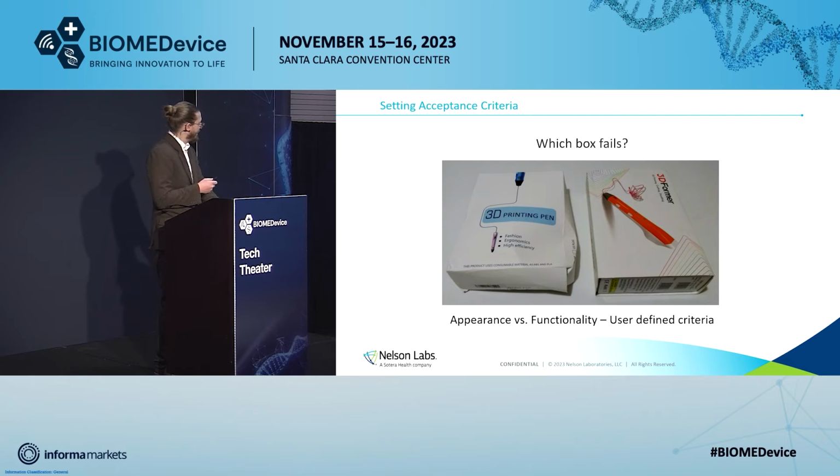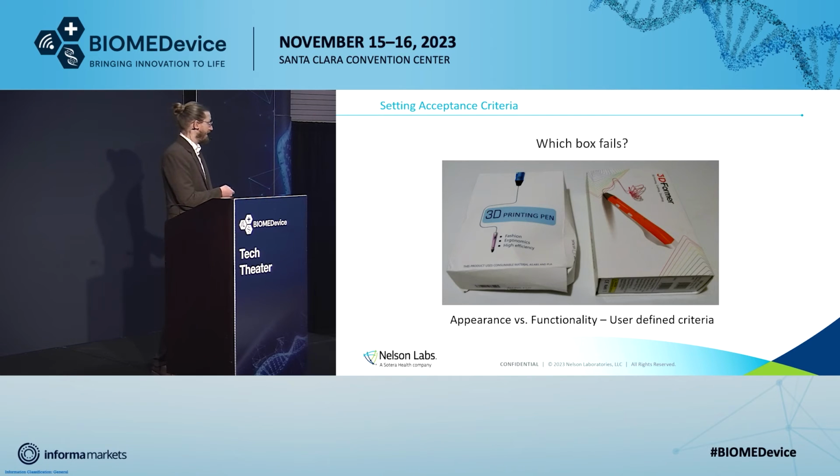So if we look at those two boxes there, right, which one fails a distribution test? It's hard to say, because really, what's in that? It's your sterile barrier system. And just by looking at the box alone, you don't know the performance of your sterile barrier system at all. So the acceptance criteria for distribution testing is going to be set by you with whatever your user-defined criteria is.